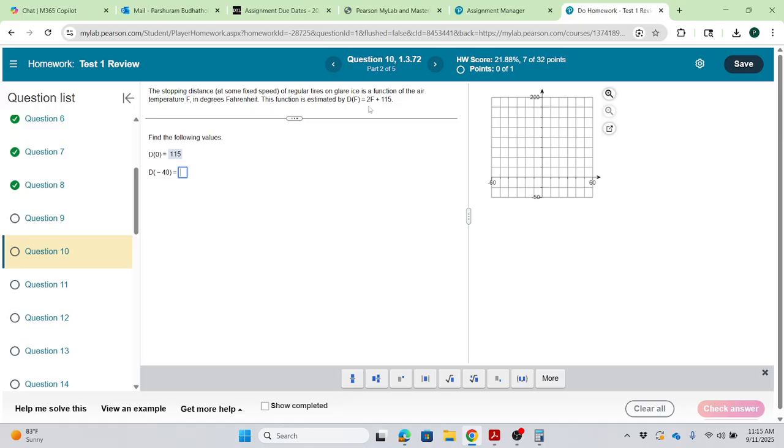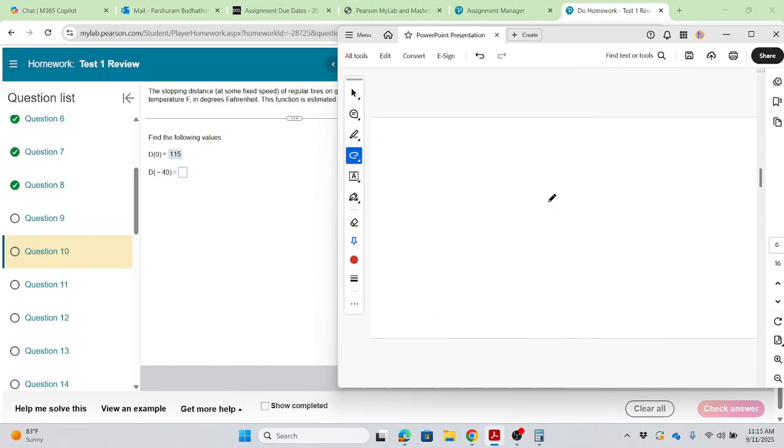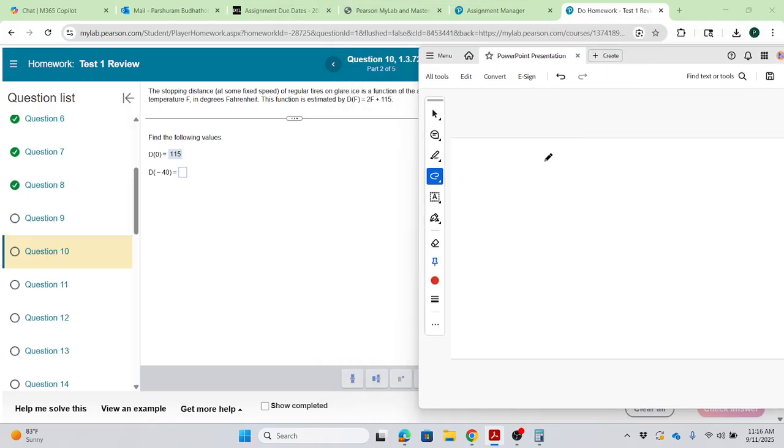So if F is replaced by negative 40, you go to the formula, replace F by negative 40 and do the calculation, which is negative 80 plus 115, which is 35.